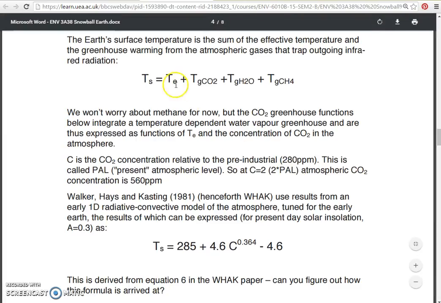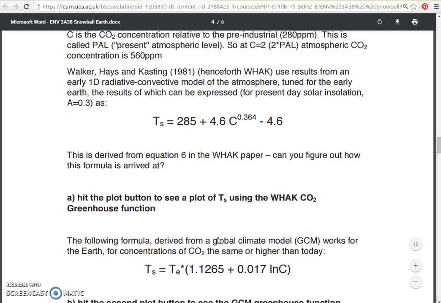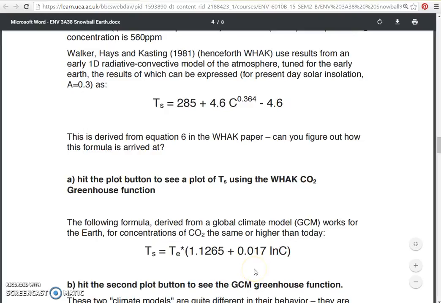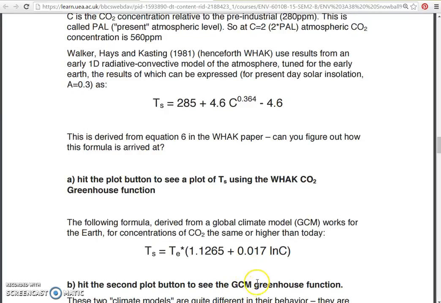And so both the Walker-Hayes-Kasting model and the other model represent surface temperature as a function of CO2 concentration. Now the one that Walker-Hayes-Kasting use has an effective temperature at a fixed value. We can change that to be variable.